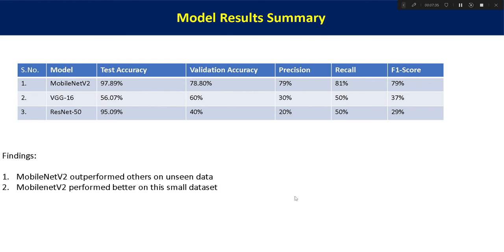So we should remember that when we have a smaller data set and are planning to use any pre-trained model, we should definitely try MobileNet V2, because this is a really compact model and always gives good performance on small data sets. On the deployment part also, you can deploy it because it usually takes less space on the hard disk, so it is easier and very smooth in terms of integrating with any application.